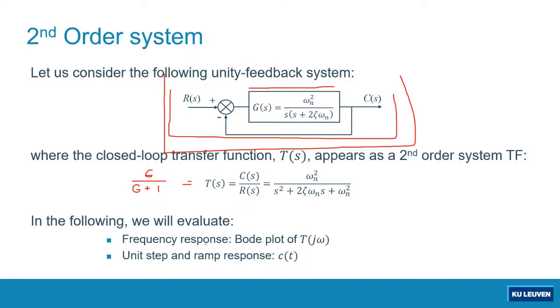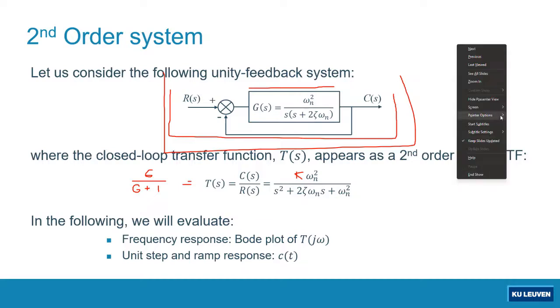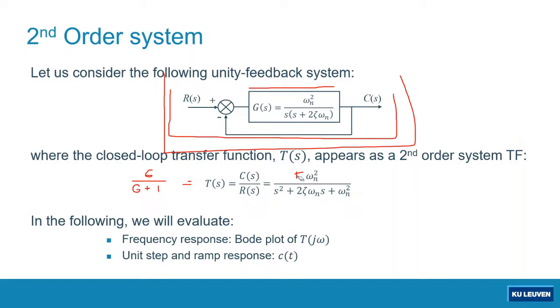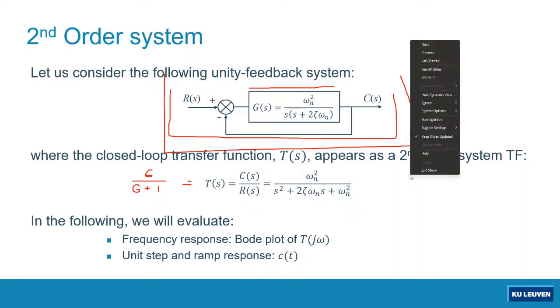If you refer to the standard second order transfer function, typically we have DC gain K, but in this particular case, let's consider a second order system with DC gain equal to 1.